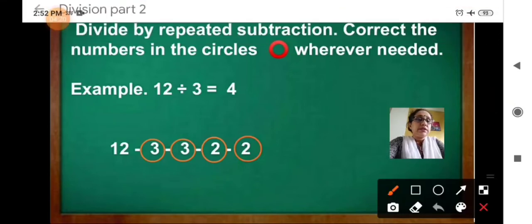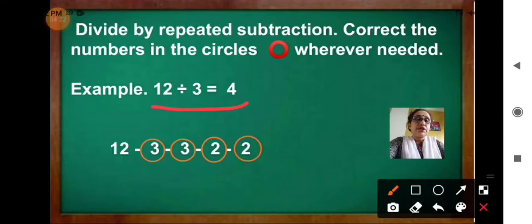See, this is the question. 12 divided by 3, and you all know this is the symbol of division. Now, say the tables of 3 to get the correct quotient. 3 ones are 3, 3 twos are 6, 3 threes are 9, 3 fours are 12. So, here 4 is the quotient.